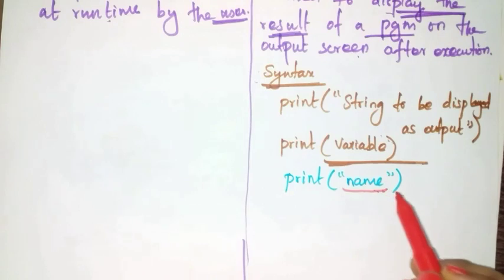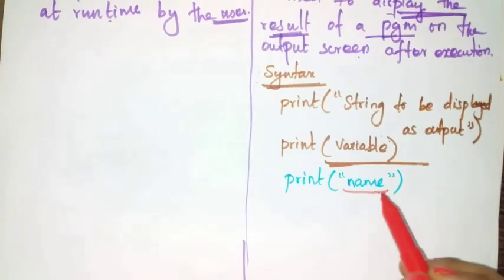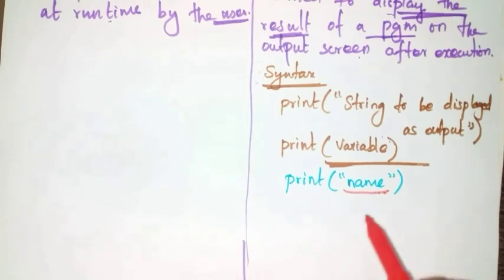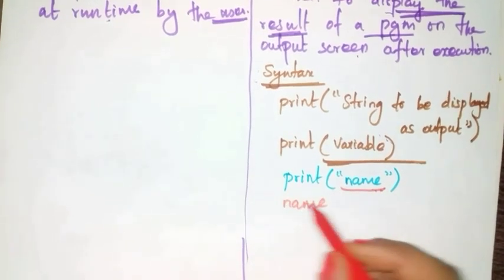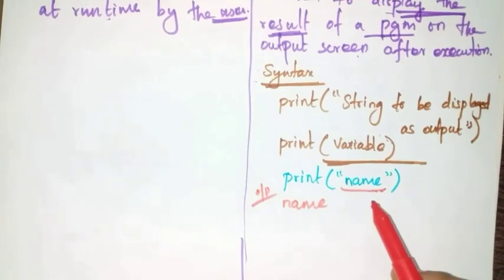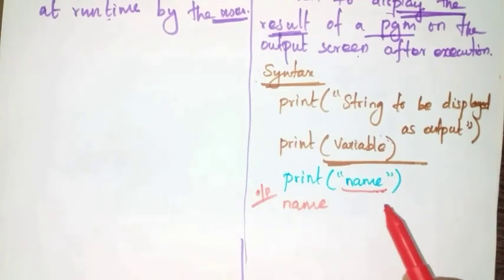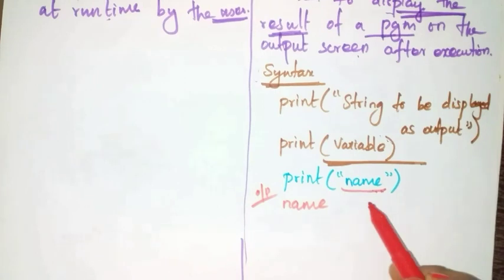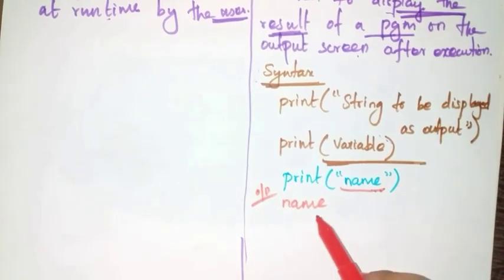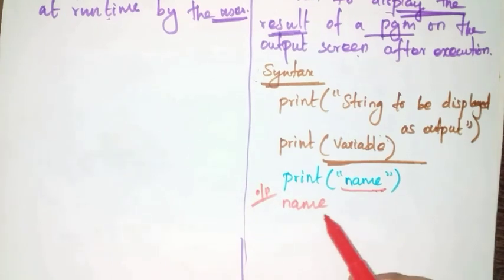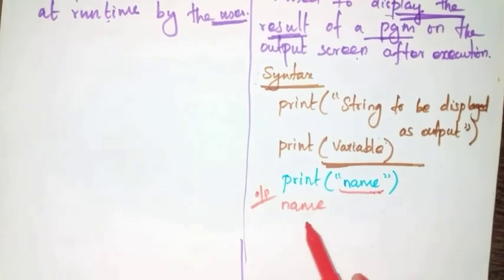When you type this code, it will print the string that is present within the parenthesis. So the output of this code is name, because whatever string is given within double quotes in the print function, all of that string will be displayed on the screen.